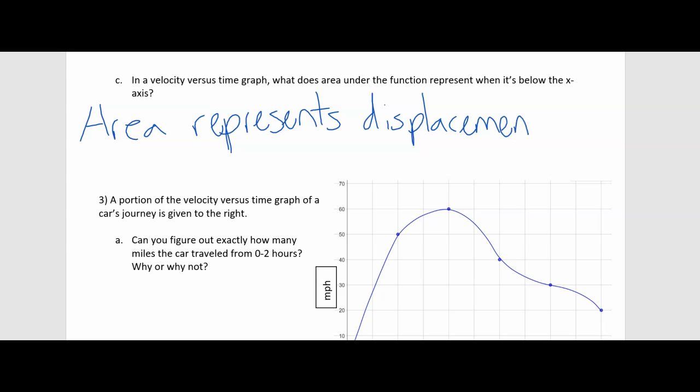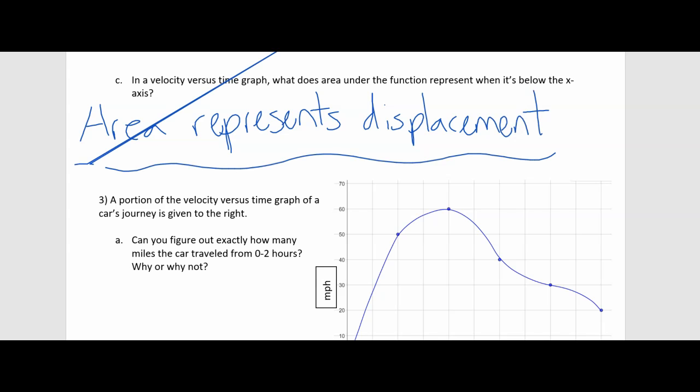And actually, let me just reiterate one more thing from up above. When the function is completely above the x-axis, actually all three are the same. Not just net and total distance, but net distance, total distance, and displacement. Those are all going to be the same.